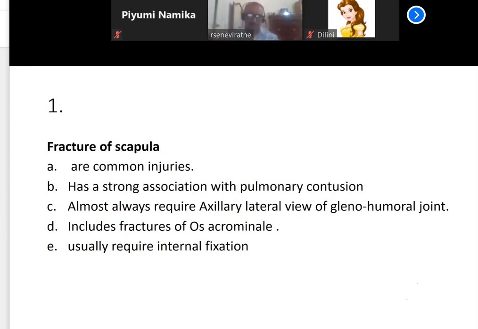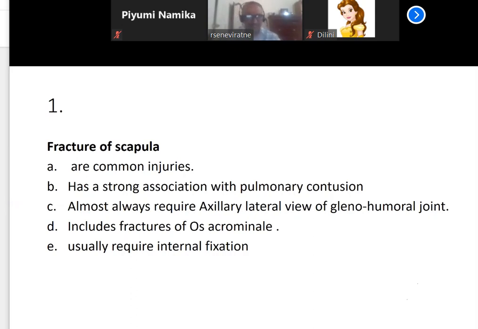C. Require lateral view of glenohumeral joint. That is something from the side. True. Include fractures of acromiale. Its context is different actually.